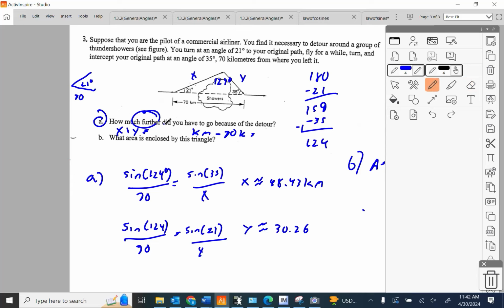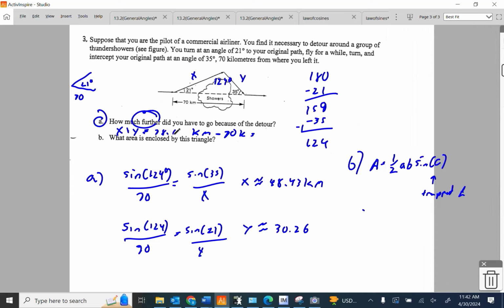Sorry, just noticed I did something wrong. Take away the 70, 8.69 kilometers. Don't know where I came up with that number. Don't have a clue. Anyways, back on what I was doing.